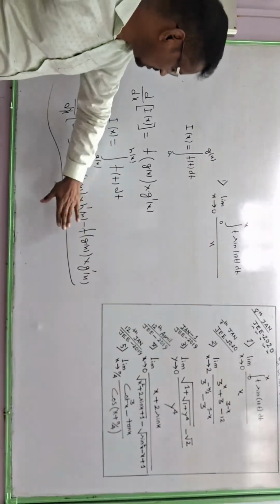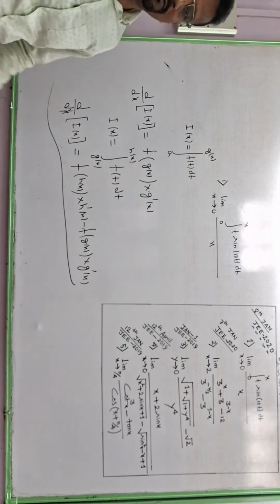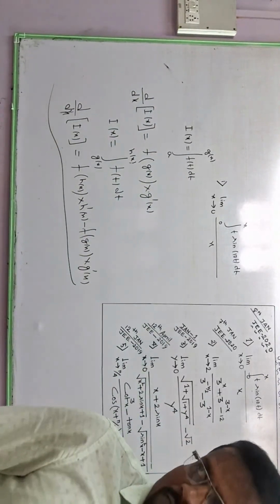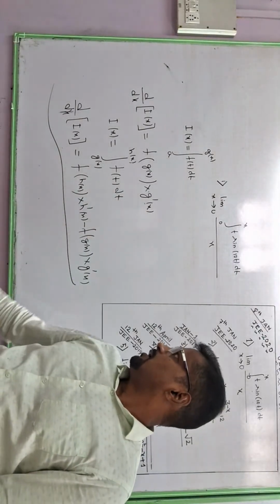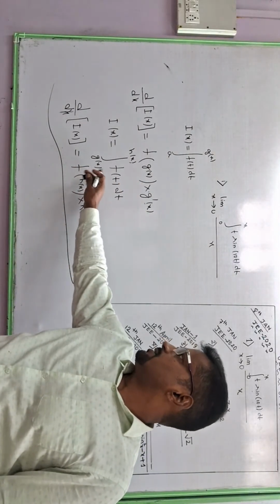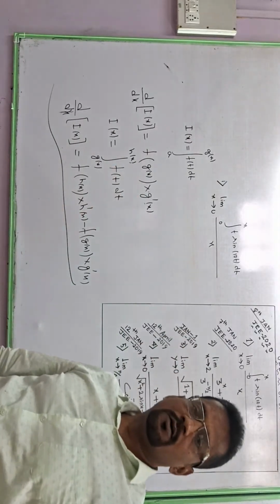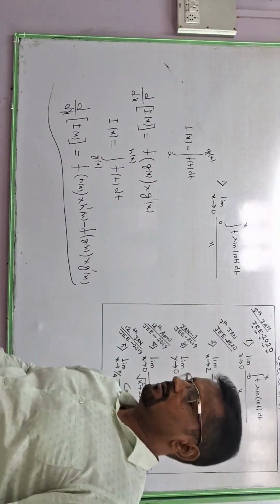So this will be directly 0. That's why I have written this. So two cases we have considered. One is, if the lower limit is any number, then directly you will write this one. And if the lower limit is a function of x and upper limit is a function of x, in that case you will use this one in order to find the derivative of a definite integral.